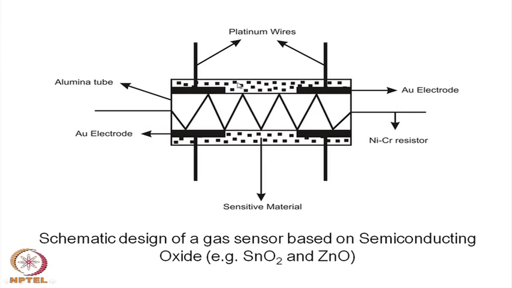Of course, it is porous, and porosity is important, as you have seen earlier, because the gas has to come in contact with the surfaces of the particles. So, controlled porosity is important for this layer. So, there is a porous layer of the active oxide, and then we have some electrodes to measure the changes in conductivity or resistivity.